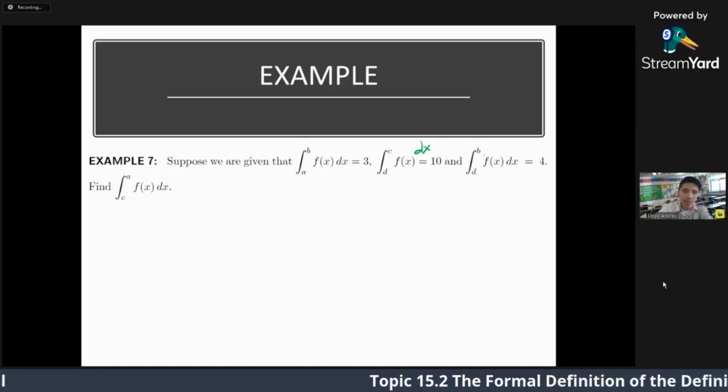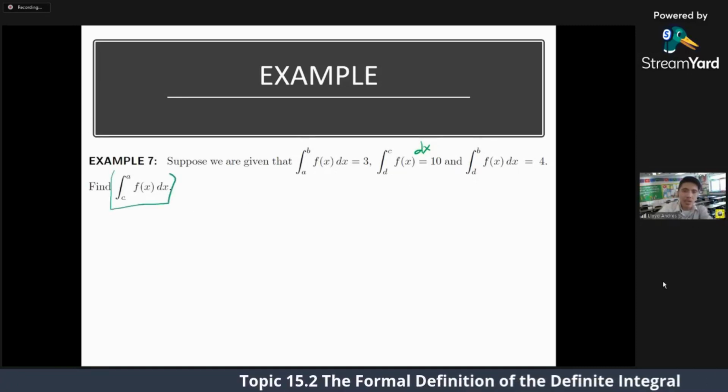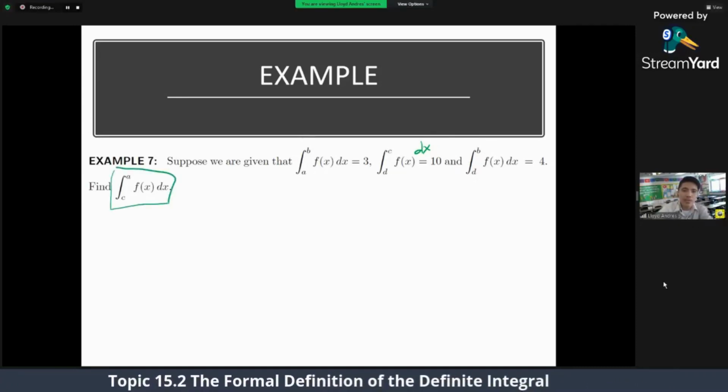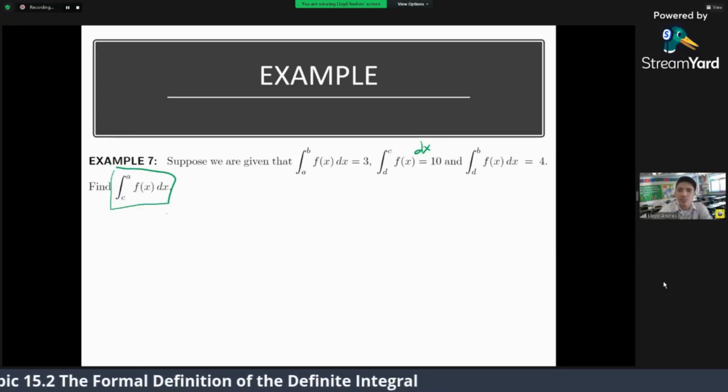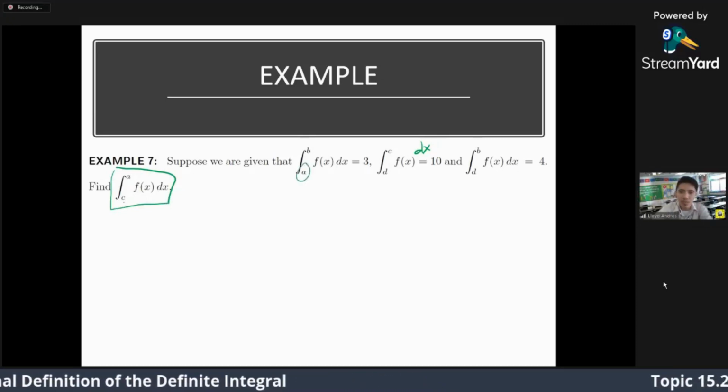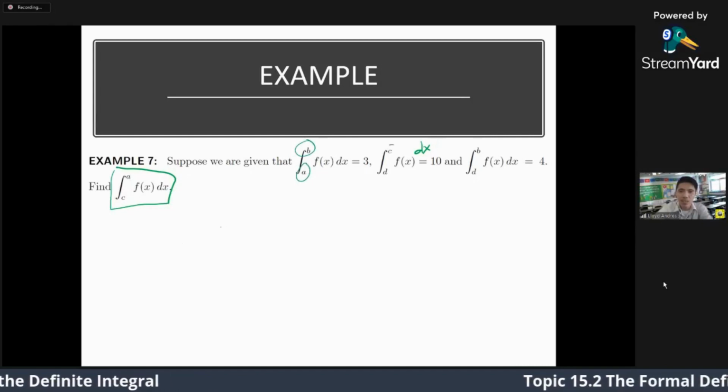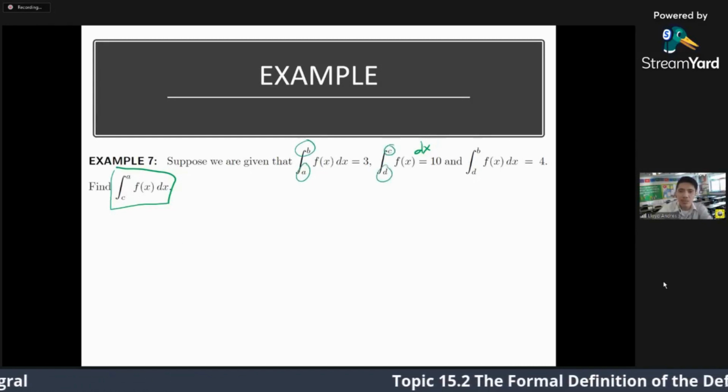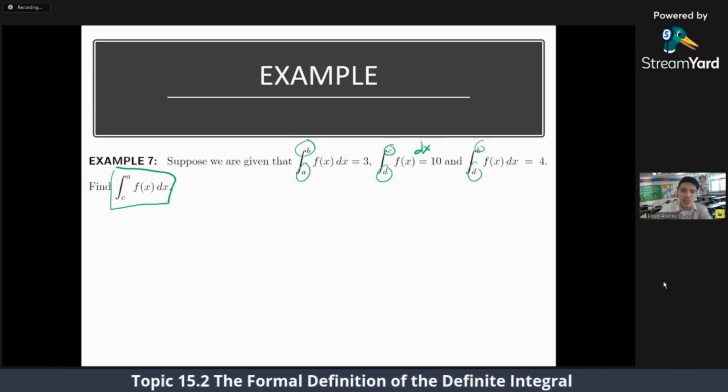What we are asked to find is the integral of f of x dx from c to a. We have a to b, c to d, b to d, and the question is a to c.